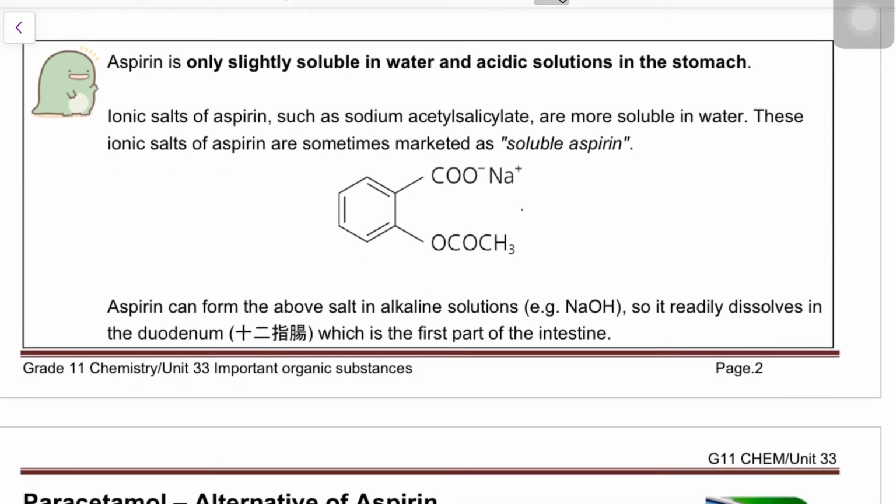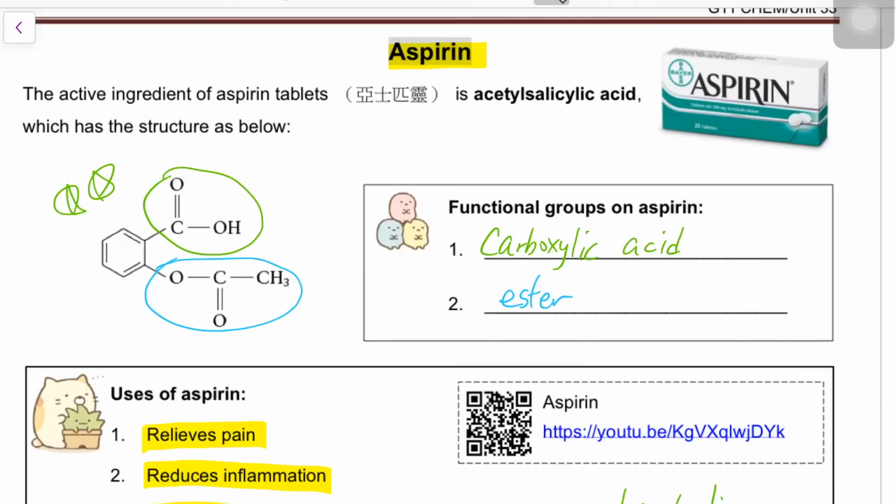Now in here we show some extra information for you. Now the aspirin, you can see, yes, this is a carboxylic acid and an ester group. It can form hydrogen bond with water, yes, but because it contains a non-polar part, we use a black circle.